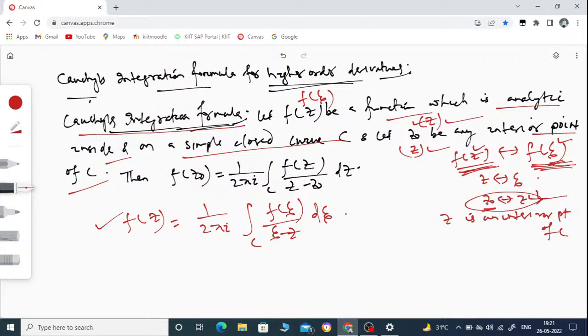So what will be Cauchy's integration formula for higher order derivative? If I take the derivative, my statement is the same.